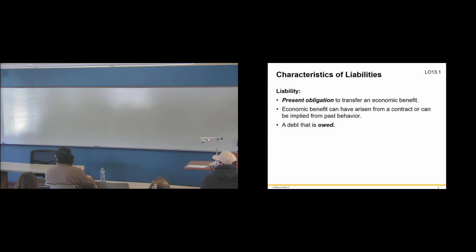Oftentimes it's cash, right? So it's a present obligation that results from a past transaction, and it's going to require the transfer of assets in the future. The short, easy way of saying that: these are debts that are owed.